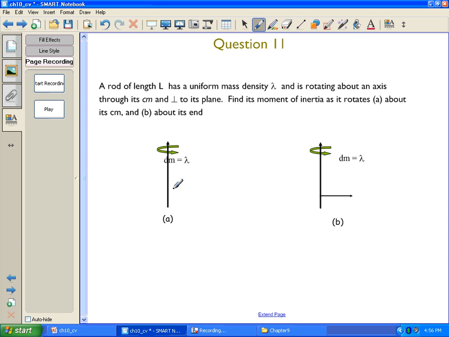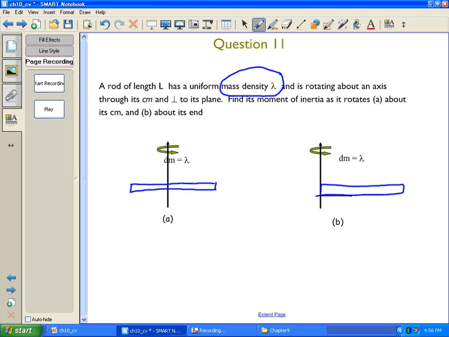Here the images didn't come out, but in your notes you will notice that the rod in this case is located here, and in this case the rod is located here. So let's go ahead and read the problem. It says a rod of length L has a uniform mass density.